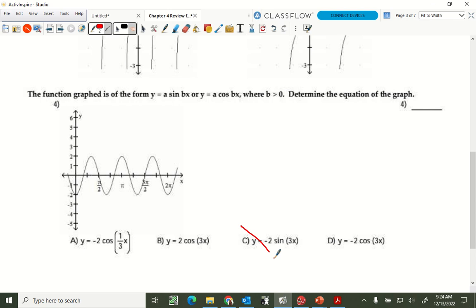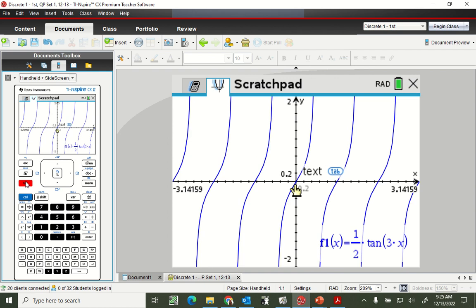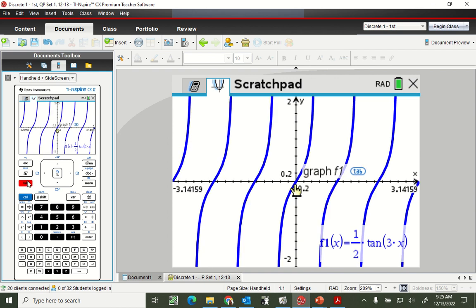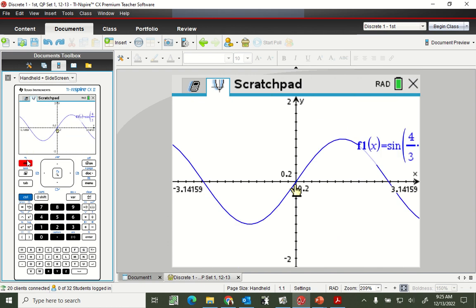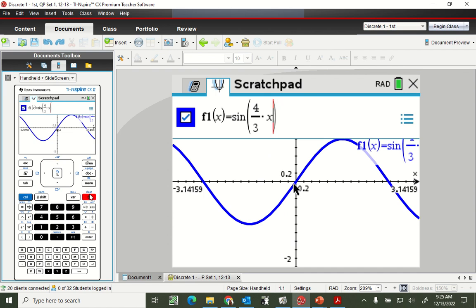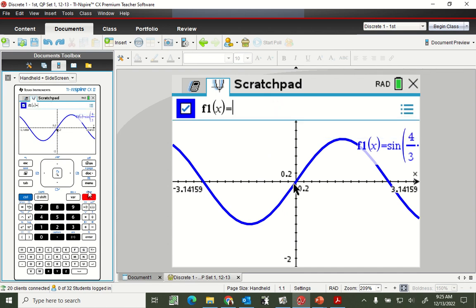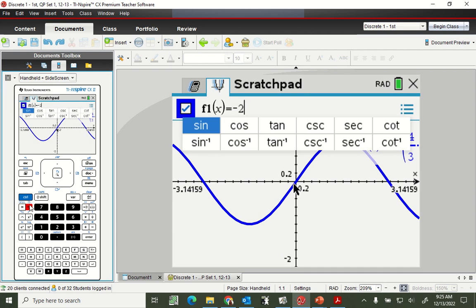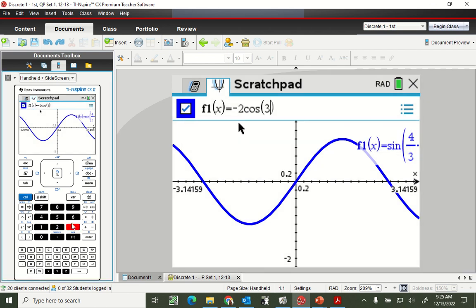All right, so we're going to try and match this. So, max is 2, minimum is -2, going from 0 to 2 pi. That's what you're going to look for. So, I'm going to try each one. So, -2 cosine 3x.